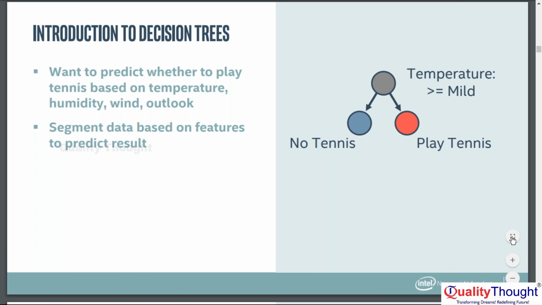Why? Because temperature equal to mild means it is acceptable, and greater than mild represents whether to play tennis or not. So we can always try segmenting the data based on the different features that predict the result.